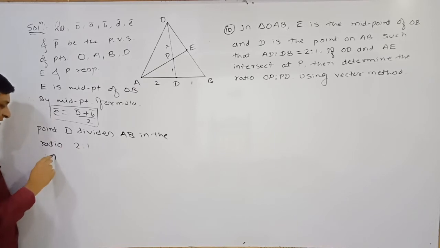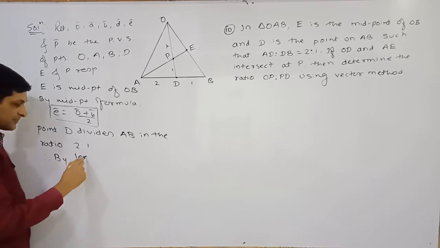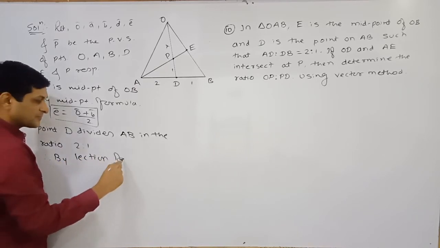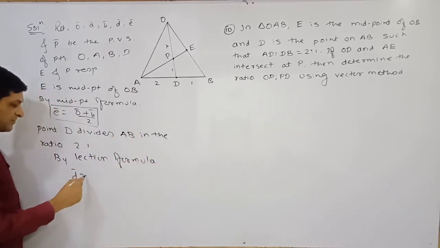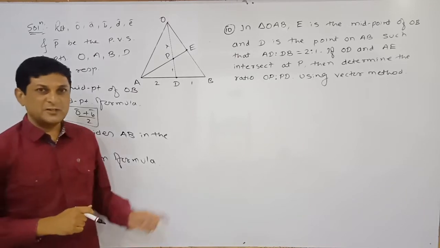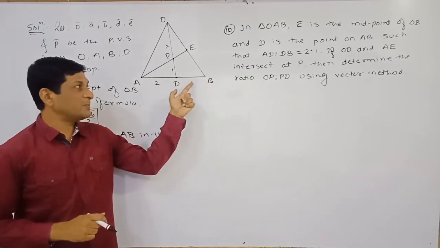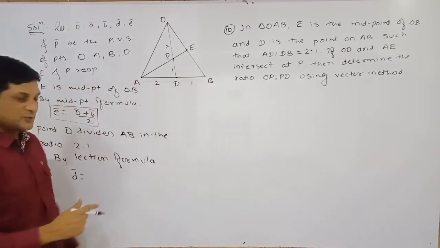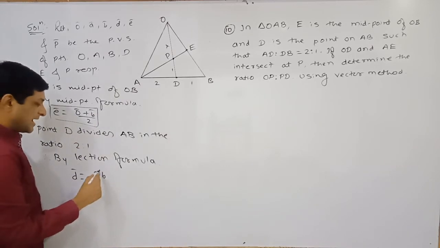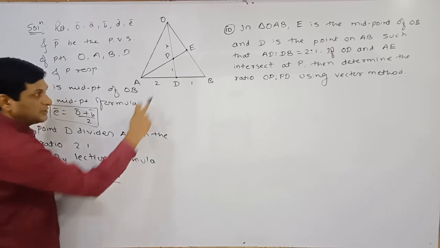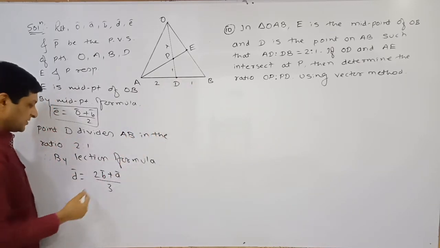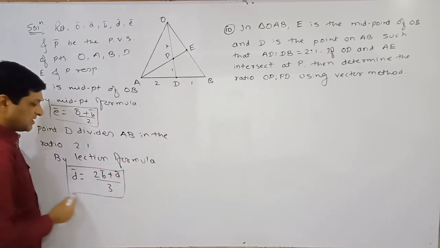So by the section formula, let us see what we will get. Let us try to find the value of D bar. D bar will be equal to 2B bar plus 1 into A bar upon 2 plus 1. 2 plus 1 is 3. In this way we have got the value of D bar also.